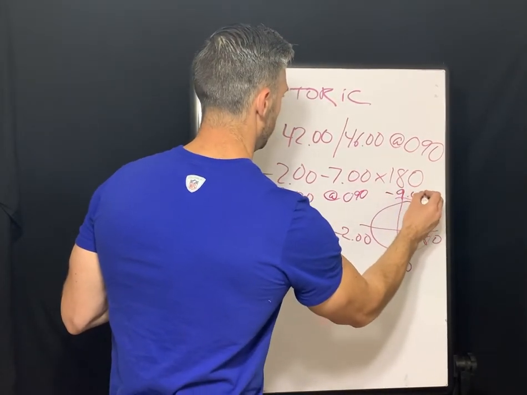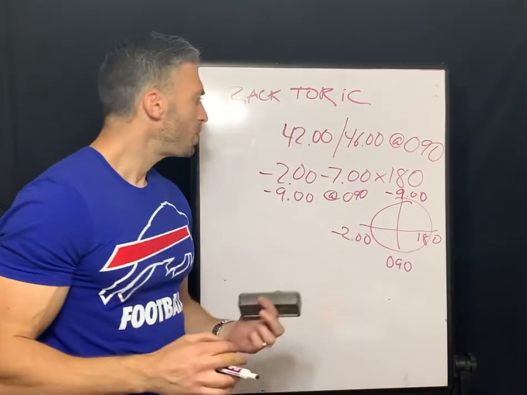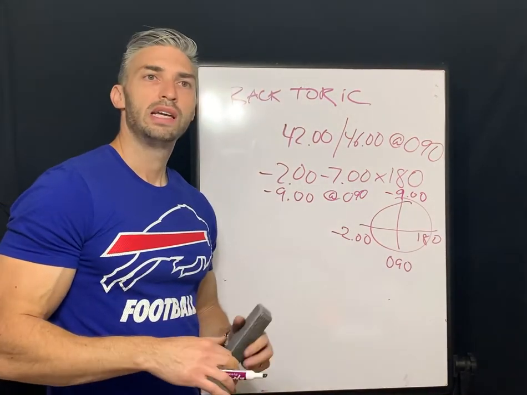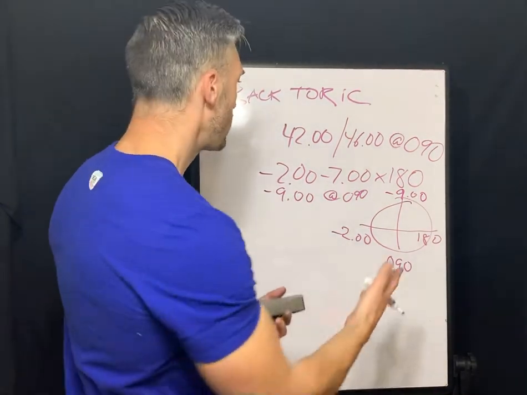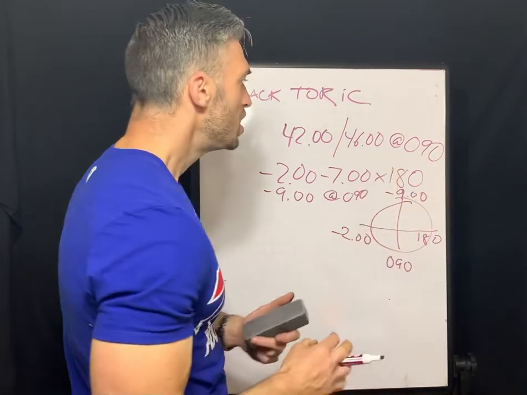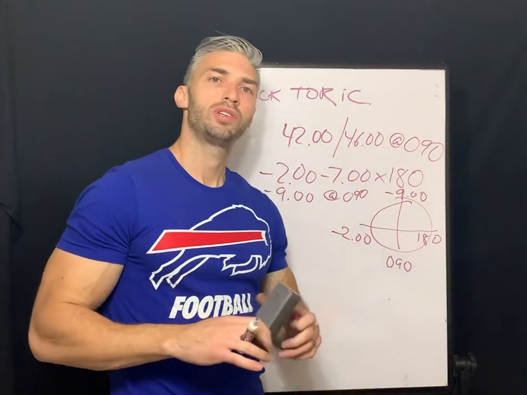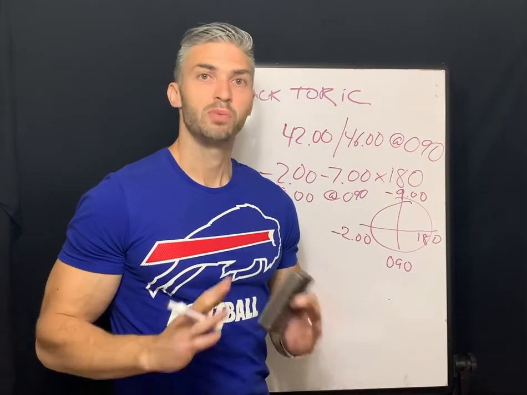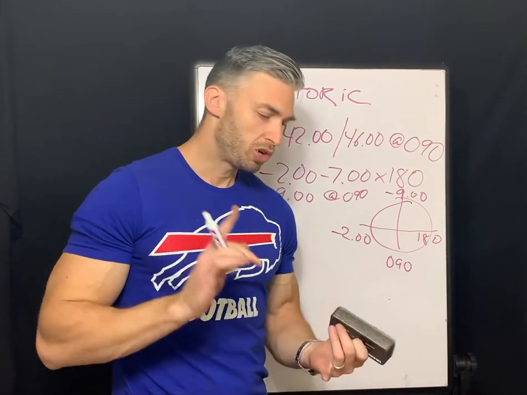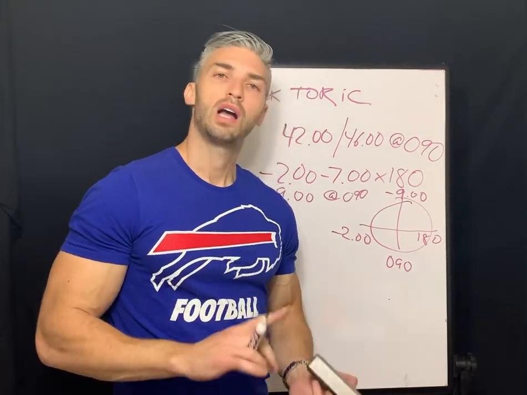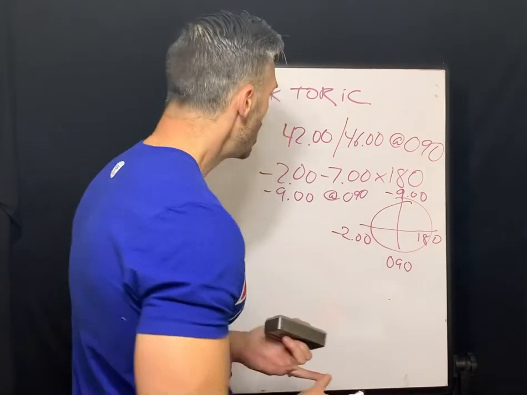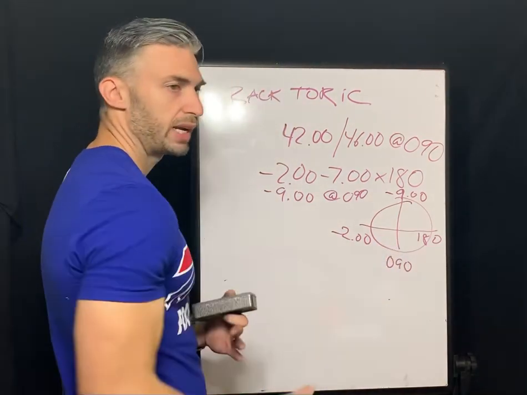But what's interesting about this prescription is over 4 diopters, right? So we have the -9, -2. So what we're going to want to do, we're actually going to want to compensate for vertex distance. We can't forget to do that, right? Put your prescription in minus cylinder form, compensate for vertex distance. So it's on our optical cross already.